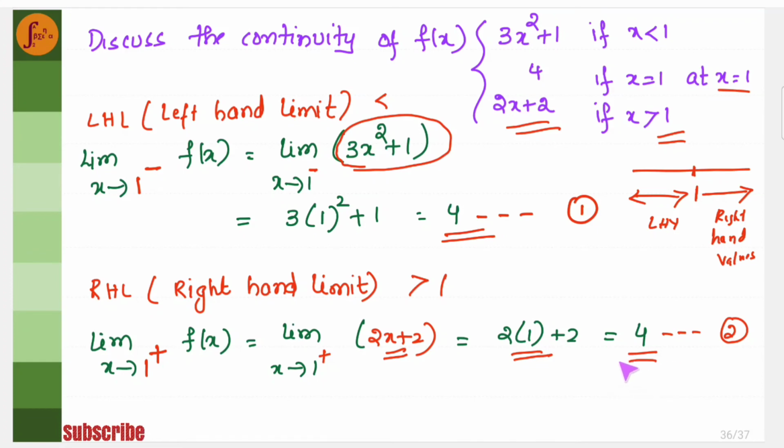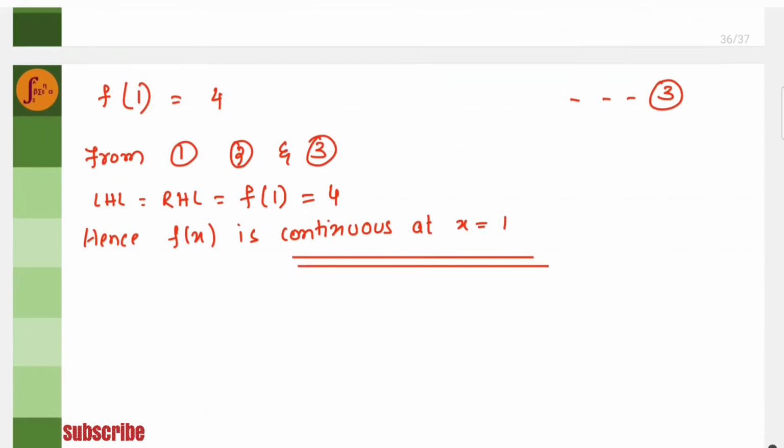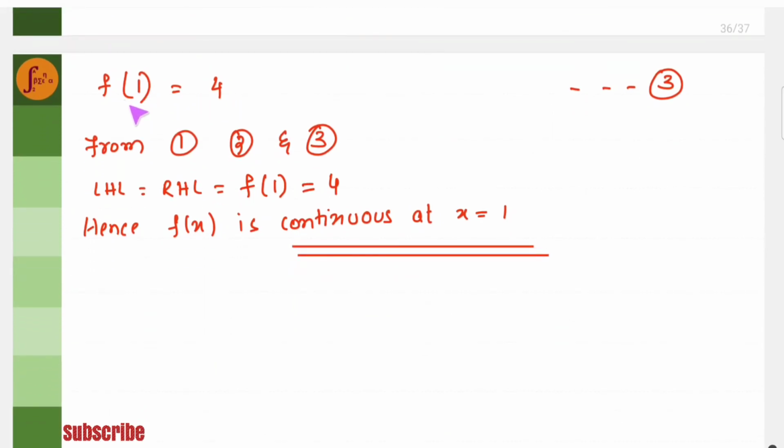Now we will also check at x is equal to 1. We saw the limit at x less than 1 and x greater than 1. Now we will have to check x is equal to 1. At x is equal to 1, they've already given it as 4. That is, f of 1 is 4. Now this we call the third statement.